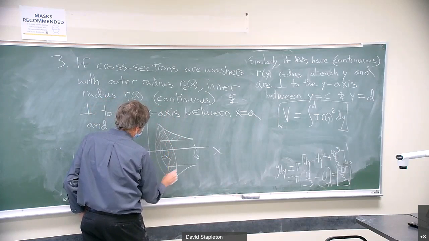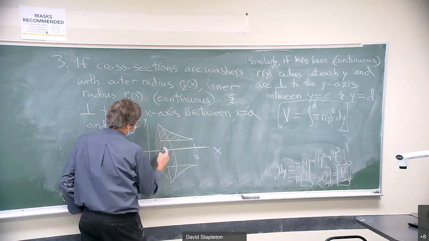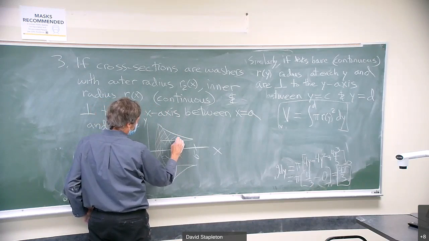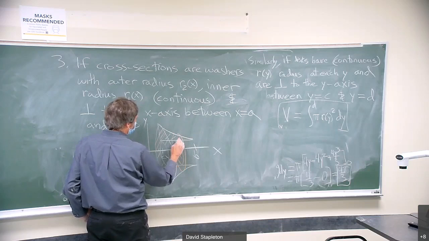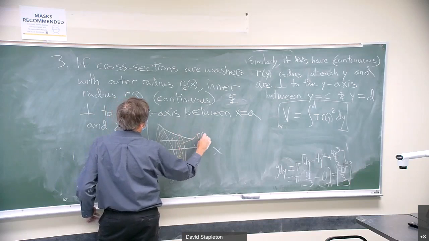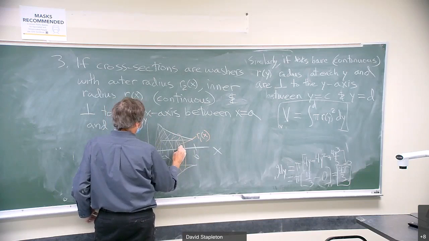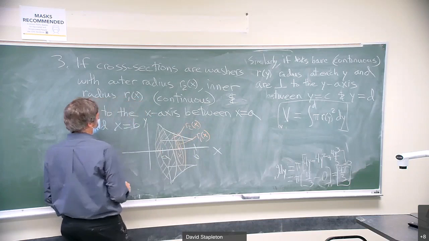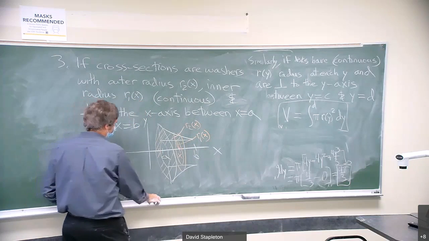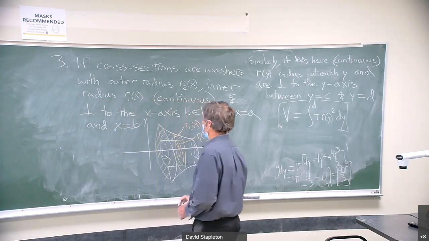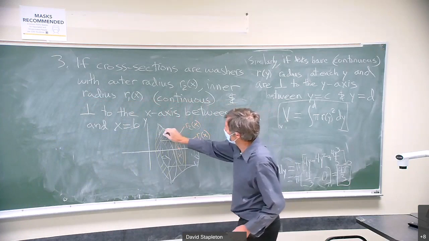It's a circle taken out within a bigger circle. So at any point x, the cross section is a washer, with inside radius R1 of x and outside radius R2 of x. If those are both continuous functions, what can we say about the volume of the solid generated? What is the volume of this solid?